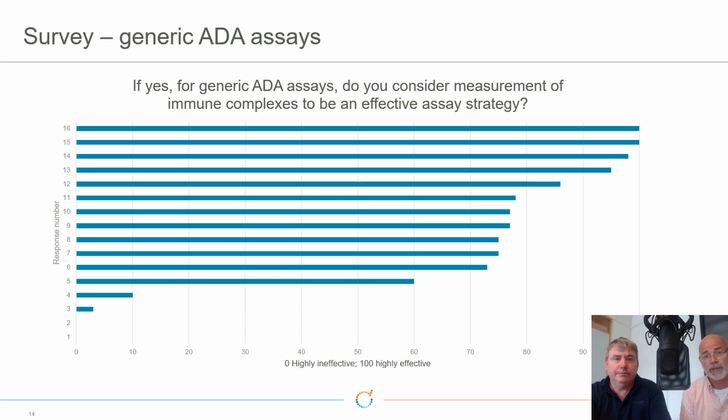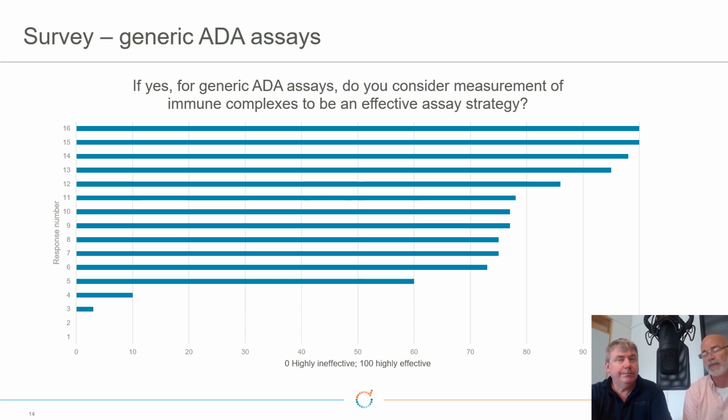So in this question, the answer was, if you said yes to the generic ADA assays, do you consider measurement of complexes to be an effective assay strategy? And here you can see a majority of folks would say that it was fairly highly effective. And I think that speaks to the fact that since we're using the anti-human, you would use the anti-human as the capture reagent in this.